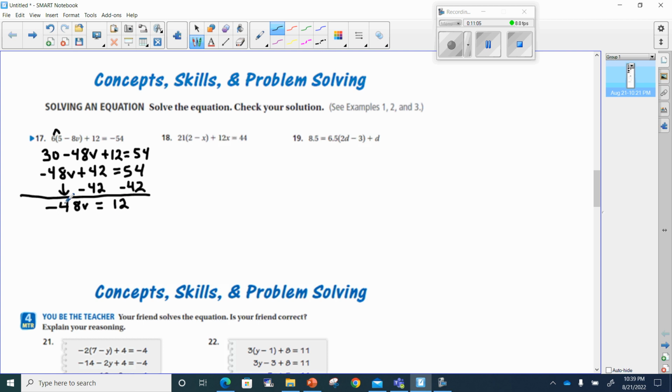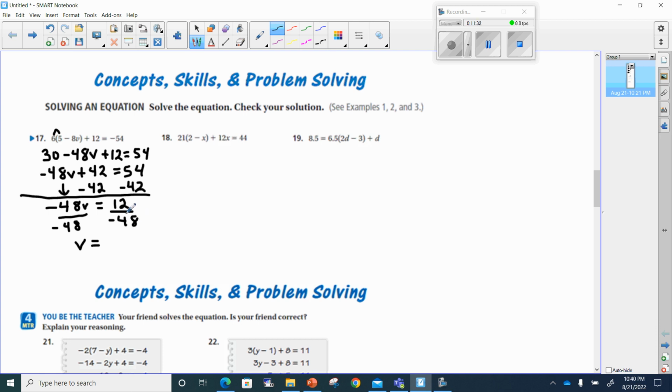Now I got to get 48 away from v. Only thing I can think of to do in order to do that is to go ahead and divide negative 48 away. Notice I'm dividing the negative sign too. I do not want to know what negative v is. I want to know what v is. So I'll have to go and divide negative 48 to this side as well.